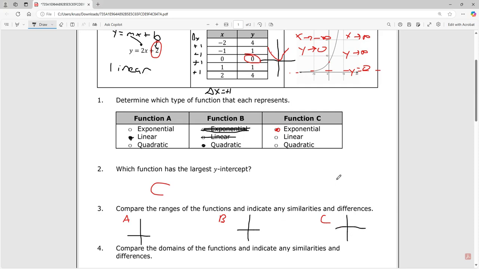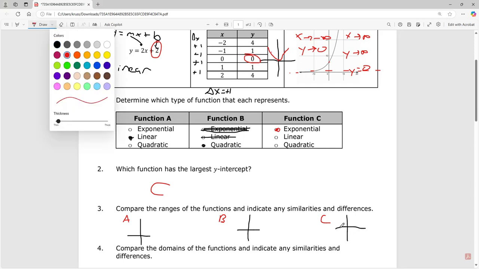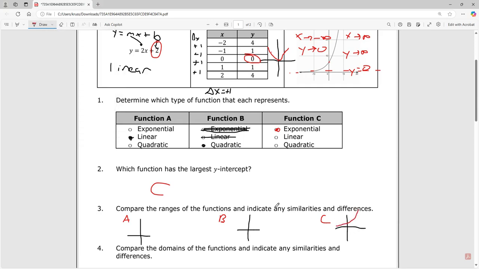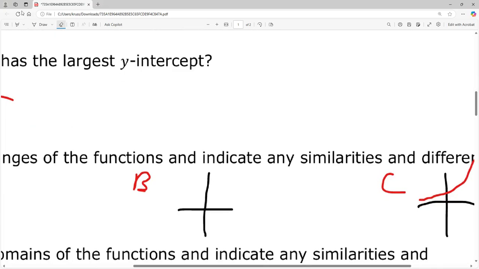Okay, and then we already have this one. Function C already looks kind of like this. Function B, we already said, kind of looks like this. It's hard to do this little scale. Zoom in a little. Looks like this.